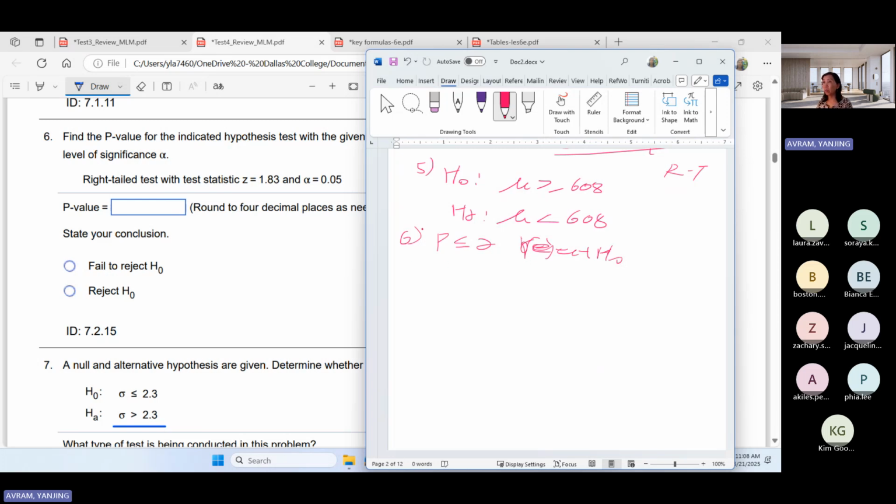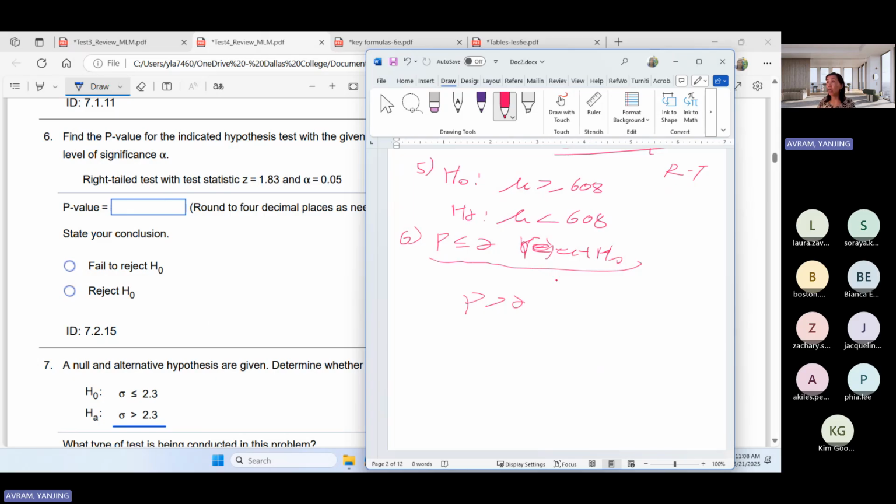So if p is less than or equal to alpha, you reject. If p is greater than alpha, you do not reject, or fail to reject. That's the concept for 7.2, right?